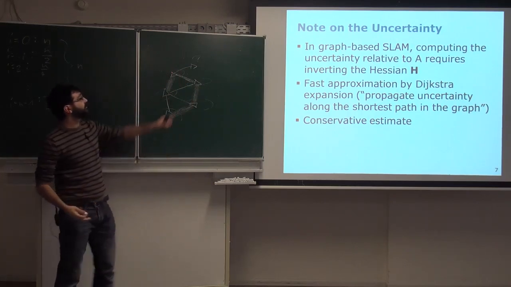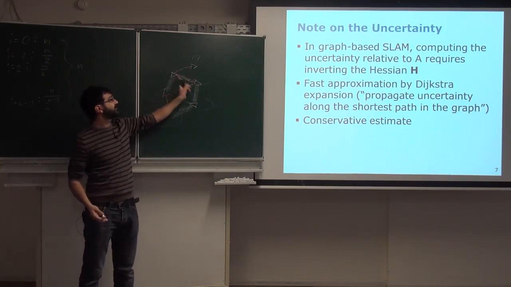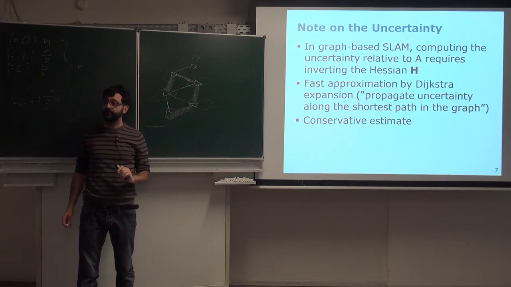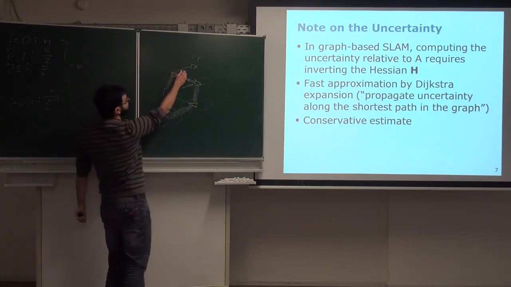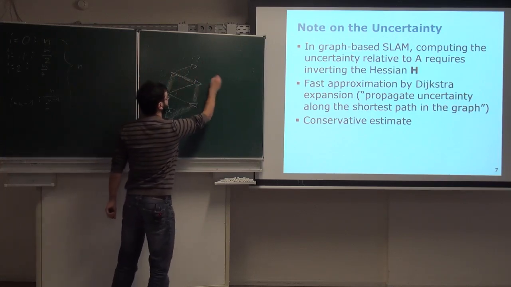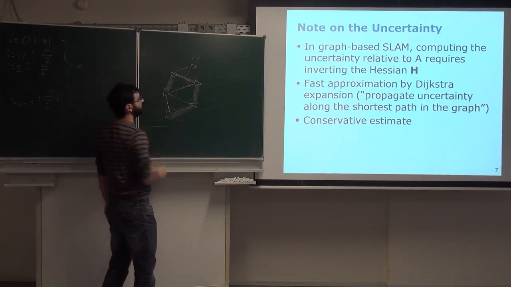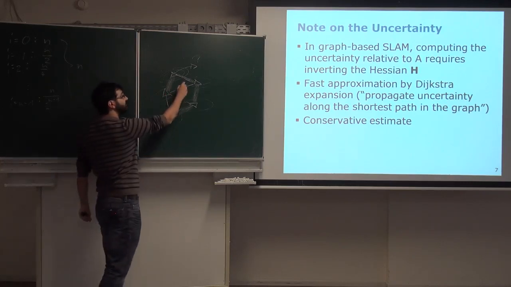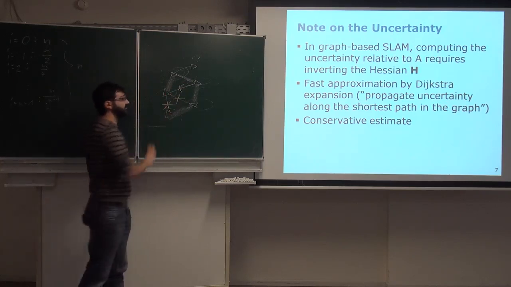And what we do, we just propagate the uncertainty linearly on these chains for each of these nodes. What will happen is that normally this uncertainty will be slightly bigger. And the reason why they will be slightly bigger is because we are neglecting some measurements. So we are neglecting this measurement, and this measurement.